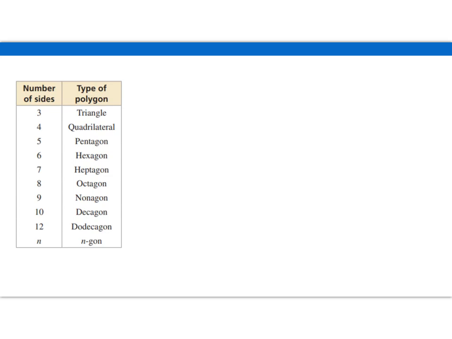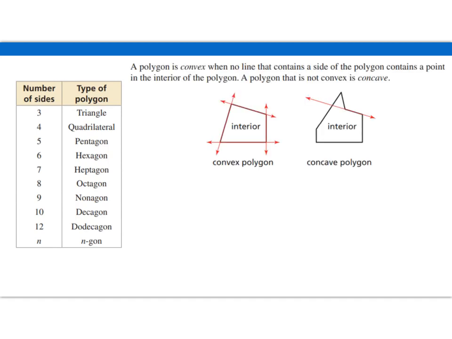When looking at polygons, we can classify them in one of 2 ways. They're either a convex polygon or a concave polygon. A convex polygon occurs when no line containing a side of the polygon contains a point in the interior of the polygon. So if I draw a line on any one of these sides, it doesn't cross over the inside of that polygon.